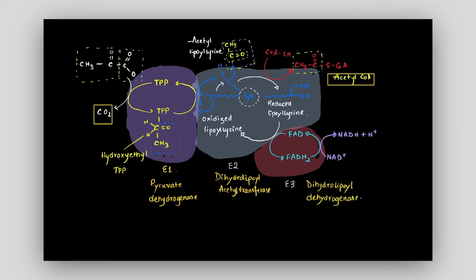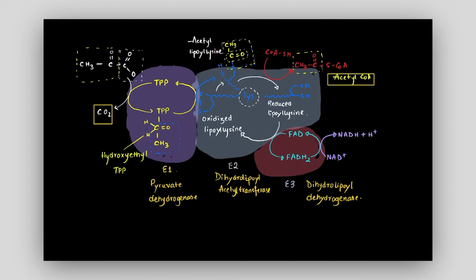And if you look at the names, that is actually what is happening. In pyruvate dehydrogenase, we are getting rid of this acetyl group and putting it onto the lysine side chain of the lipoic acid. In E2, the dihydrolipoyl acetyl transferase, it is transferring the acetyl group from this TPP to the reduced form of the lipoic acid side chain on the lysine.